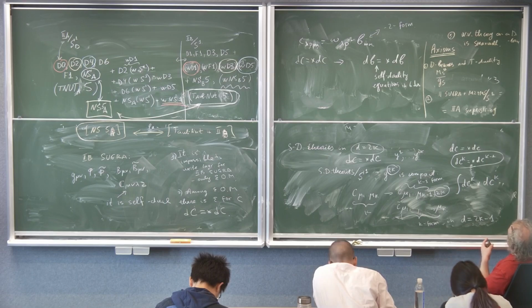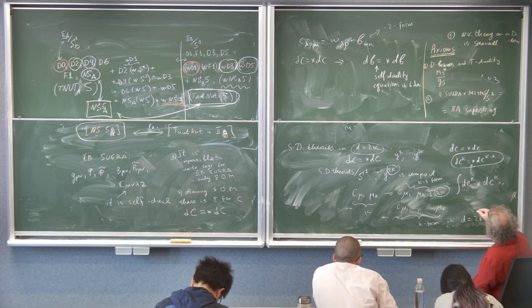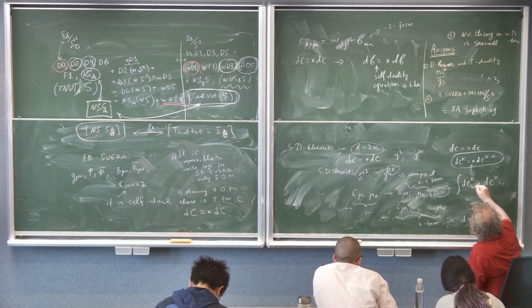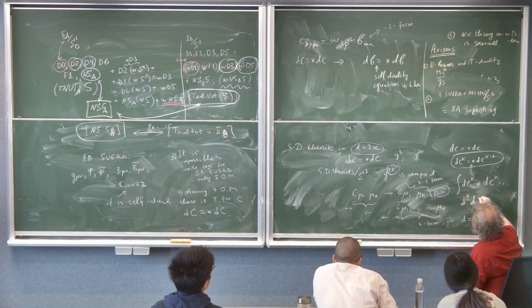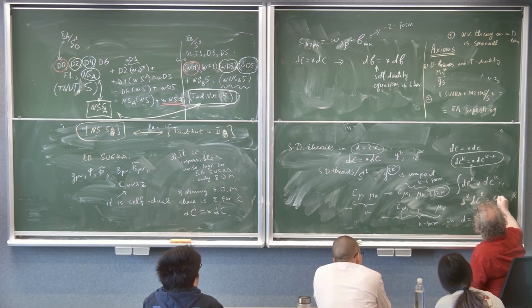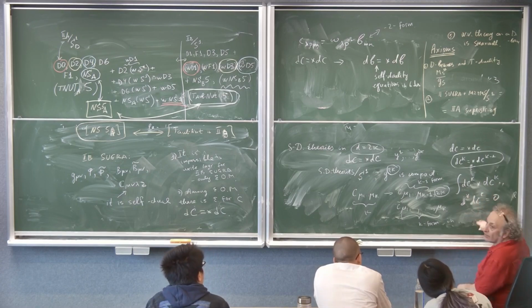Let us check it. The equations of motion here are written in the form d star of dC_k equals 0, right?